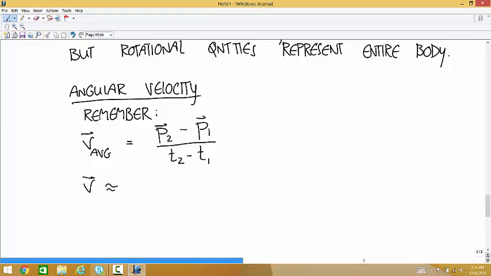So I'll say the instantaneous velocity is about equal to the position at the later instant minus the position at the earlier instant divided by the elapsed time for two instants that are close together.